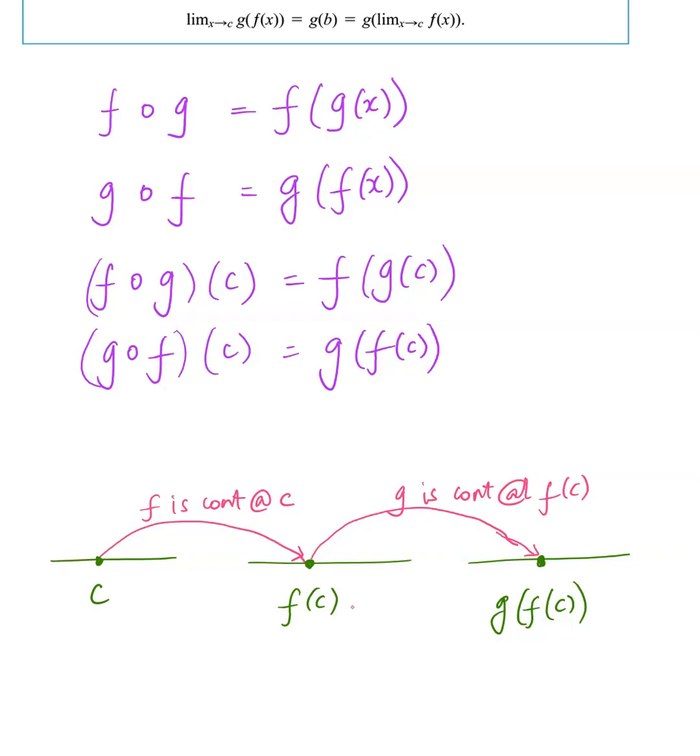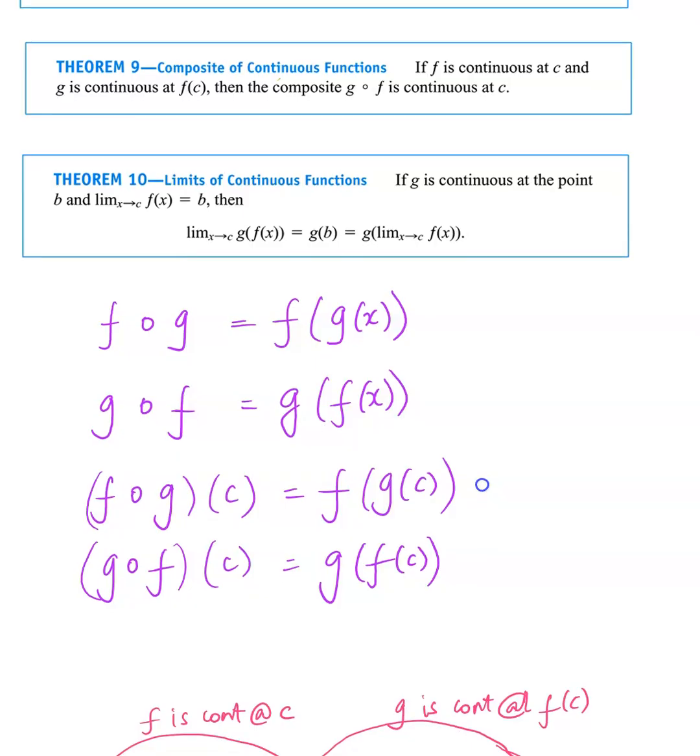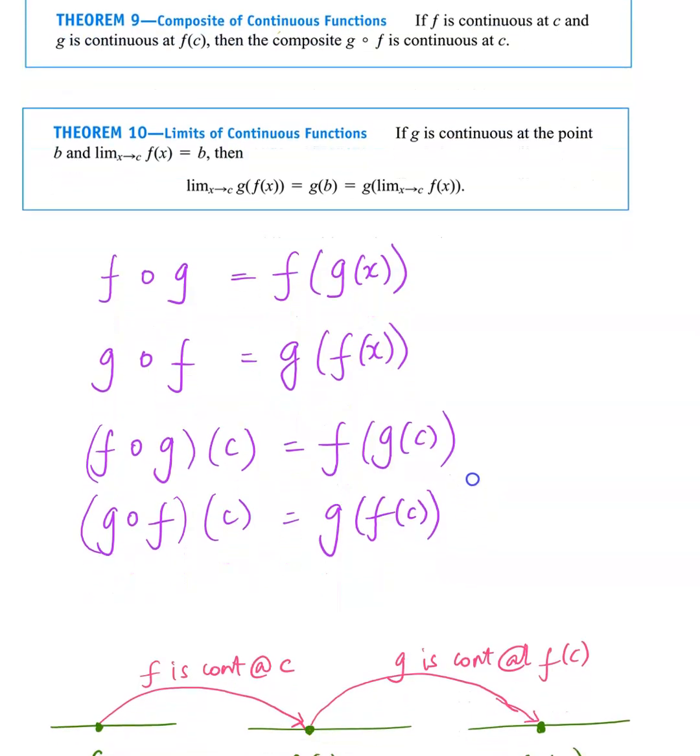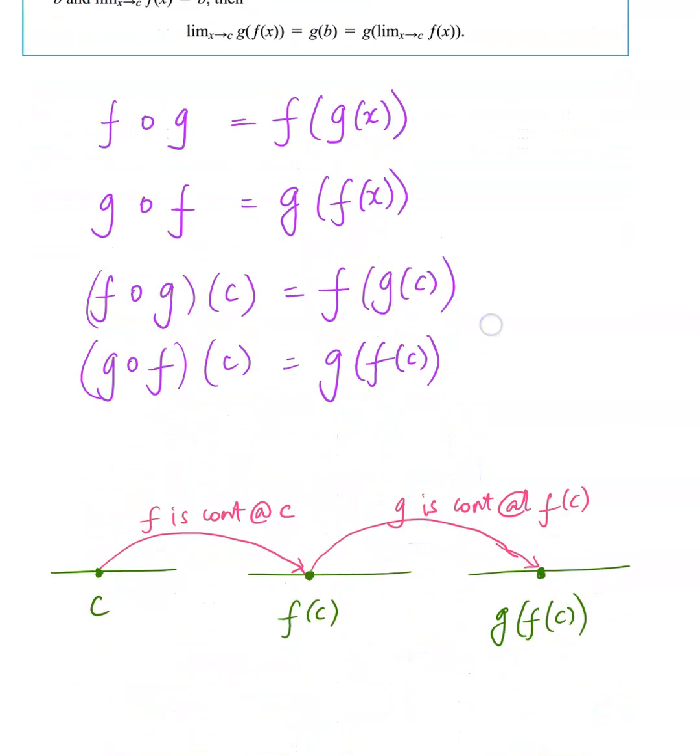And what this theorem tells us is, if this is true, then the composite g circle f is continuous at C, meaning you are bypassing this middle step and you're going all the way from C to here. And that will be g circle f, because g circle f is g of f of C, as I illustrated before.